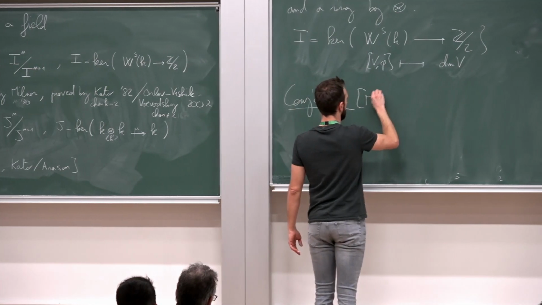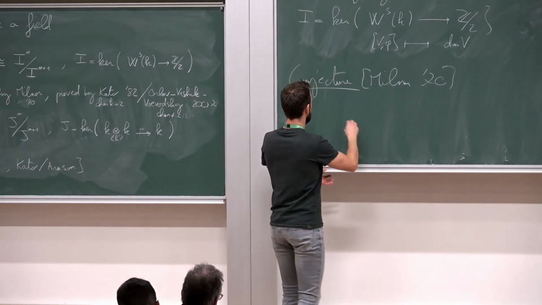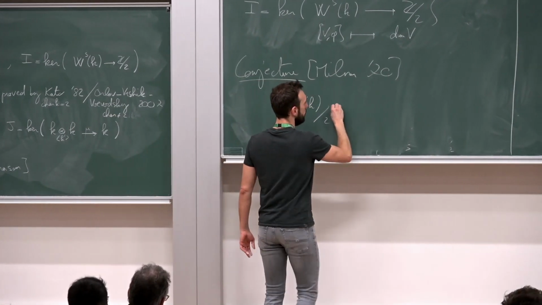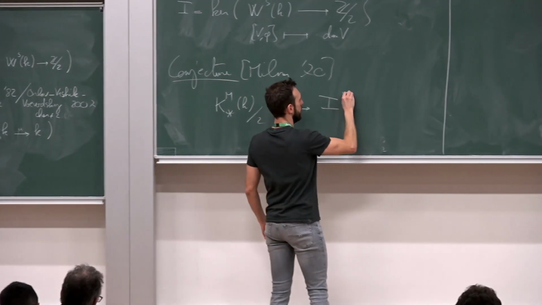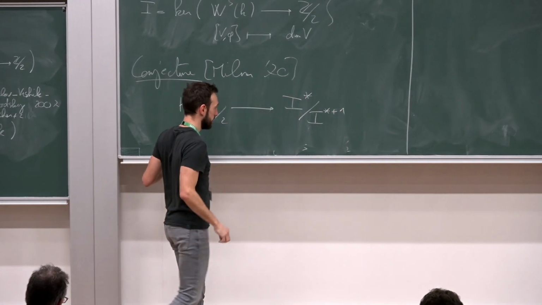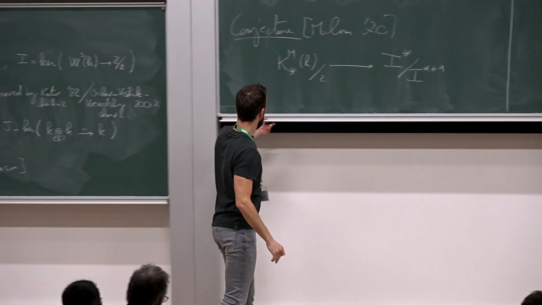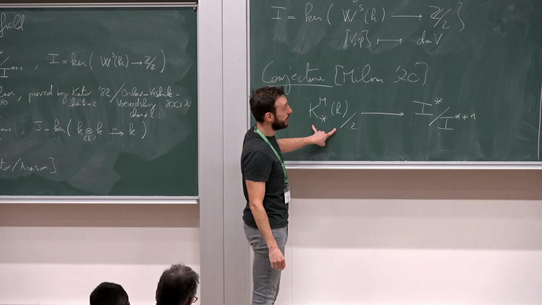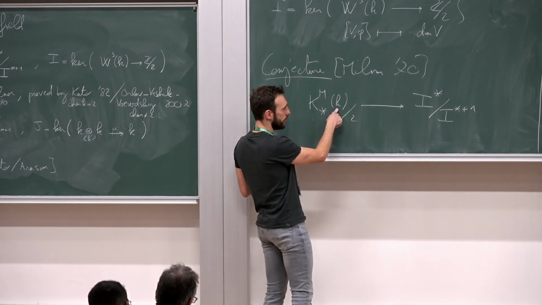of Milnor, in about 1970, is that if you take this Milnor K-theory mod 2 and you map it to the graded associated to the power filtration of this ideal, and let's define the map. It's generated by something in degree 1. It's a tensor algebra, or a quotient of a tensor algebra. In degree 1 we have the units of k.